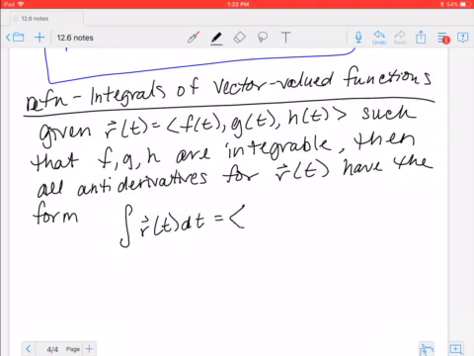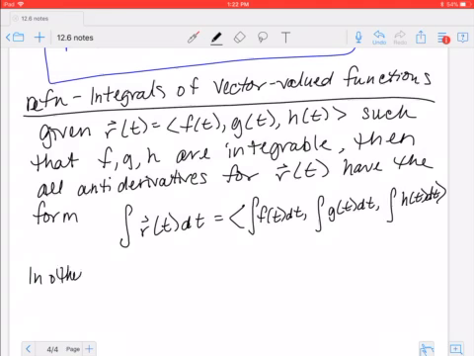If you take the derivative of each piece, lo and behold, you are also integrating each piece to get that vector. Pretty sweet, right?